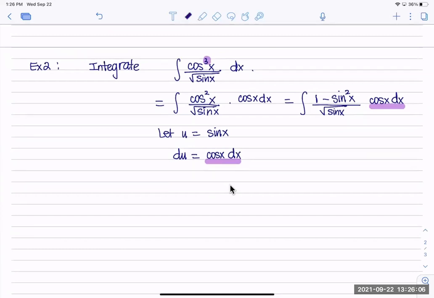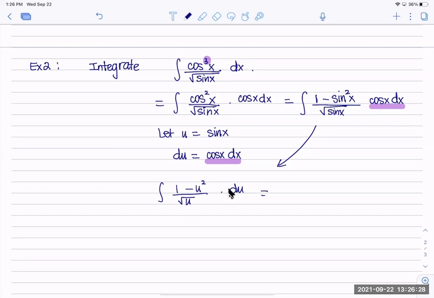So now this is gonna become integral of 1 minus u squared over square root of u, times du, because cosine x dx is du. All right, so now you can actually simplify this.